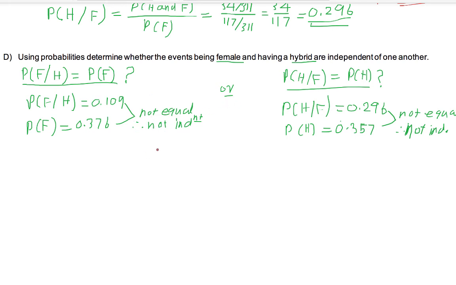And we have another equation that can be used here. What is that one?